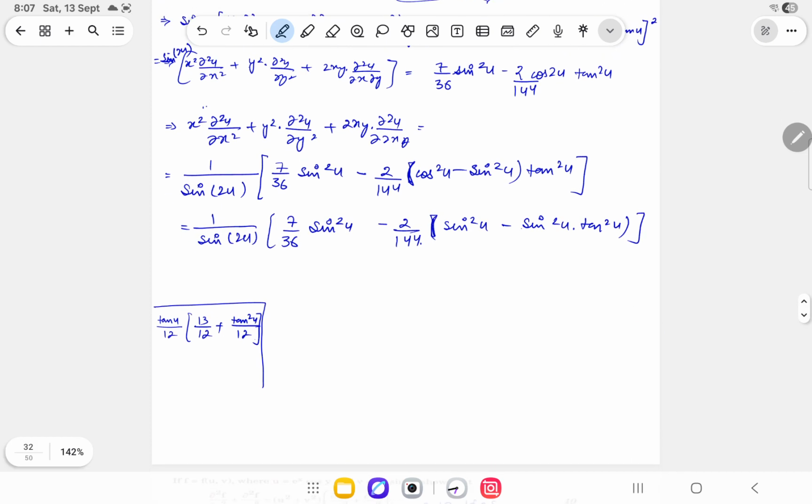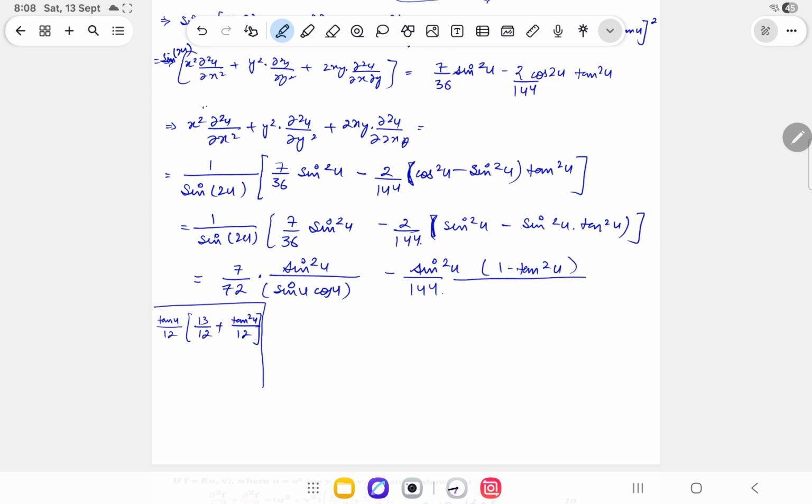So this thing will be basically equals to, now I can take the sin 2u inside, so I'll get 7 by 72 into sin square u divided by sin u cos u minus 1 by 144 into sin square u, I can take sin square u common, so it will be sin square u into 1 minus tan square u divided by sin u cos u.